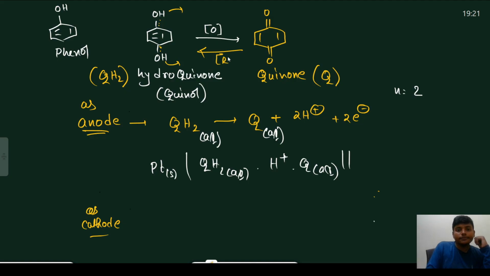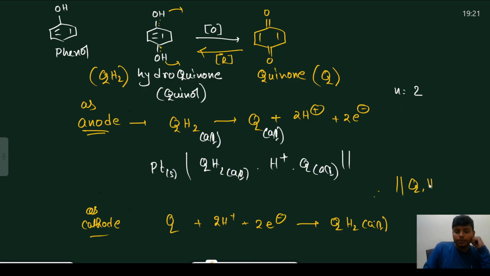Reduction. So simply Q plus 2H plus plus 2 electrons giving QH2. For this you can write salt bridge, then Q, H plus, QH2, and single line platinum solid. Understood?